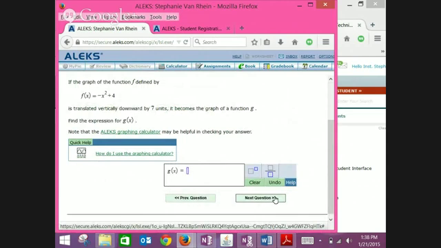So the graph of the function is translated vertically down by 7 units. Here it's asking what would be the new graph of the function. So vertically down, that's only going to really affect the +4. If it was originally at 4 and then I go down 7, if I plug in 0, I have 4, right? And then if I want to shift it down 7, if I plug in 0, what would I have?